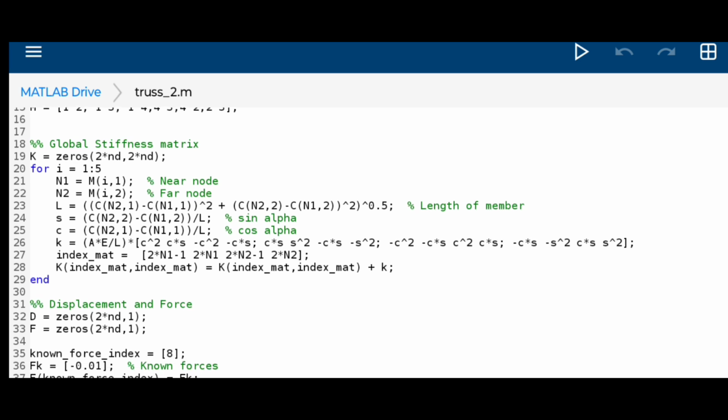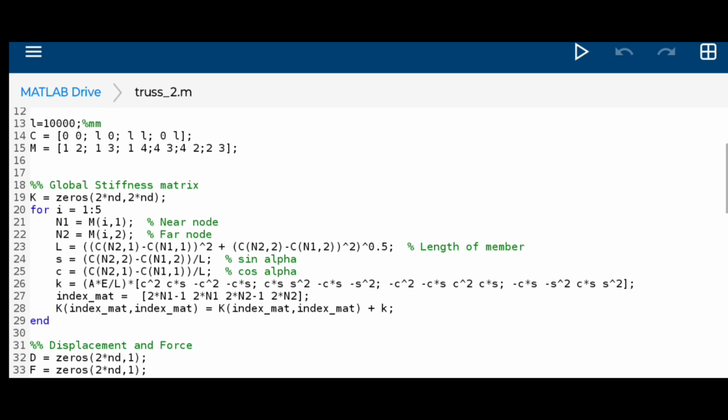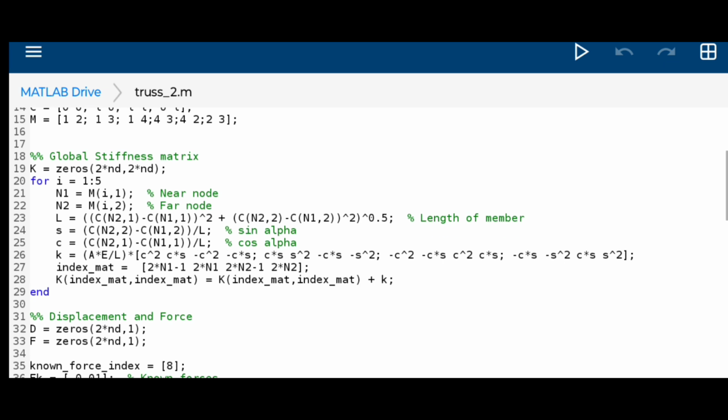Similarly we will get the sine and cos values. For the sine value you have y2 minus y1 upon L. This L is for the member length, not the whole length that we initially gave. So this member length will give us the sine value and then the cos value.